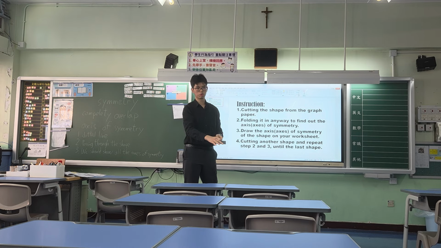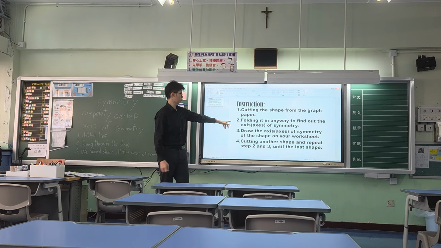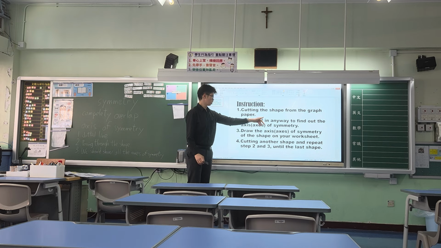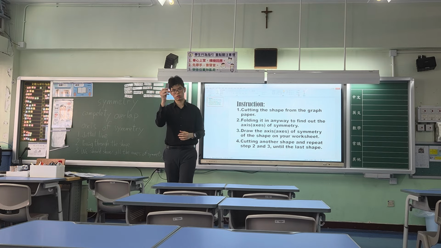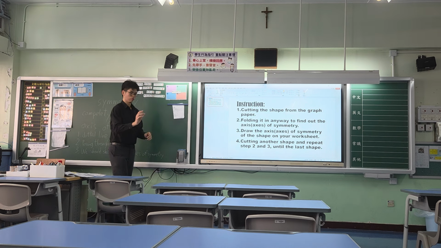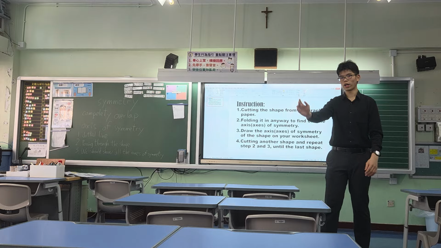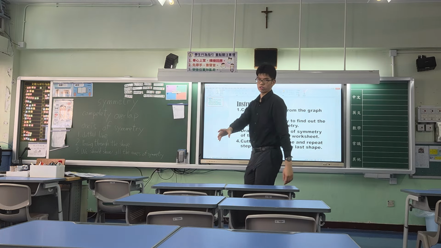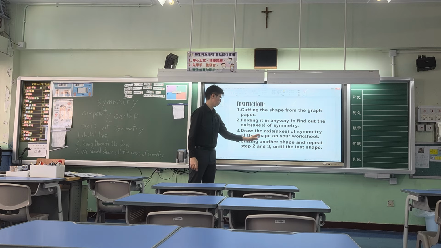Please pass it to another groupmate so that he will do step 2, folding it in any way to find out the axes of symmetry of the shape. When the second classmate has done his part, pass it to the third groupmate. The third will draw the axes of symmetry of the shape on the worksheet.